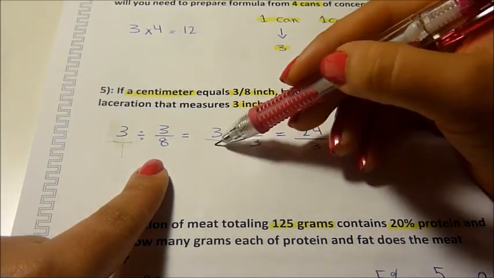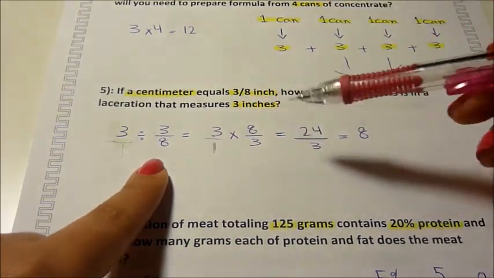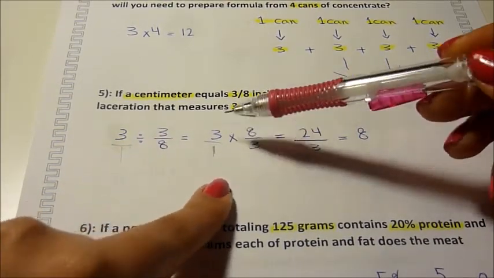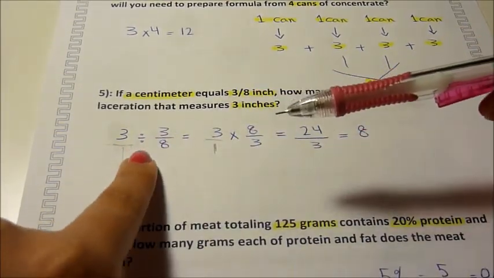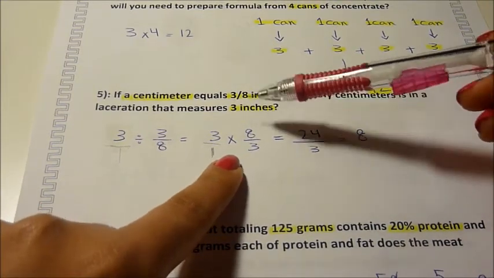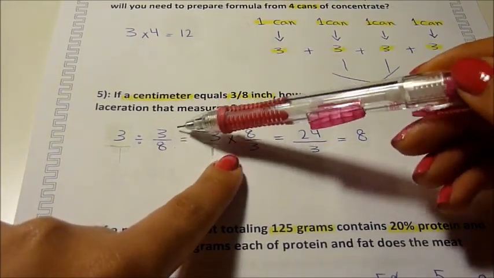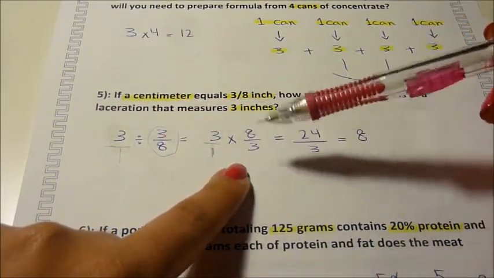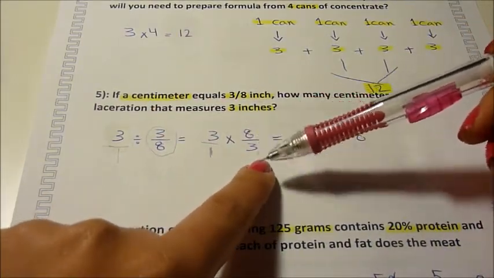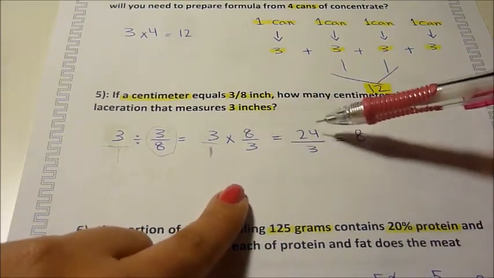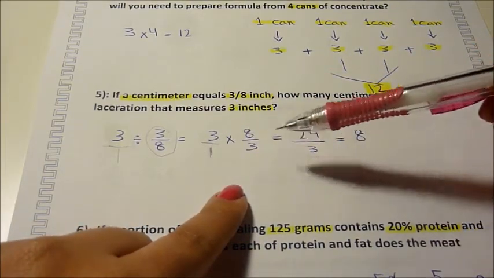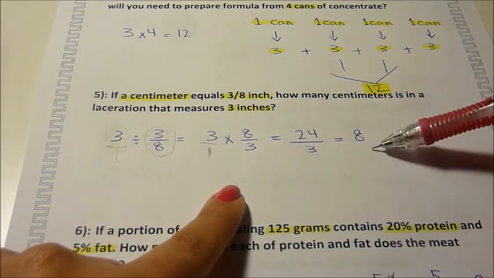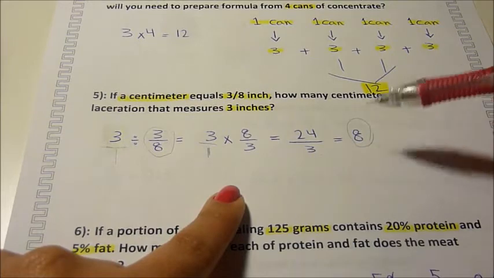That's how it works in fractions. You write the first fraction with no change, change the division sign to a multiplication sign, and for the next fraction you switch the top and bottom number, which will give you 8/3. 3 times 8 is 24, and 3 times 1 is 3. 24 divided by 3 will give you 8. Your answer is 8.